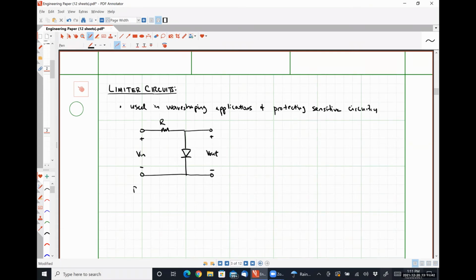This is what's called a positive clipper. And if we replicate this circuit, but change the orientation of the diode, we get a negative clipper.